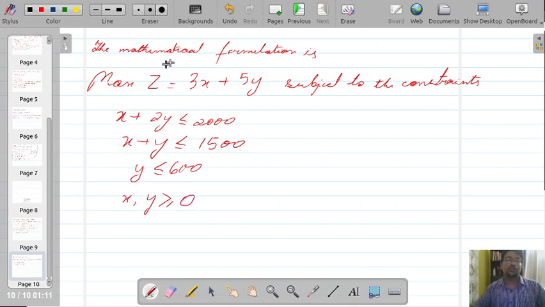This is the mathematical formulation of the given problem.